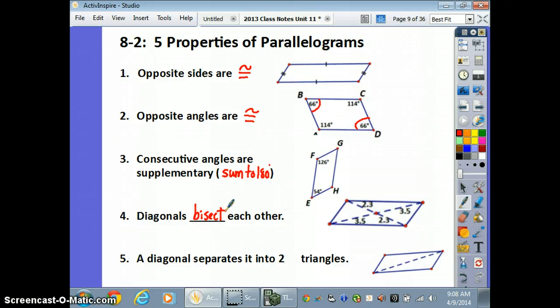And one other property, when I have a diagonal in a parallelogram, we get two congruent triangles. This triangle right here up here is congruent to this one down here. Two congruent triangles. Okay, let's see if you have this. A couple problems.